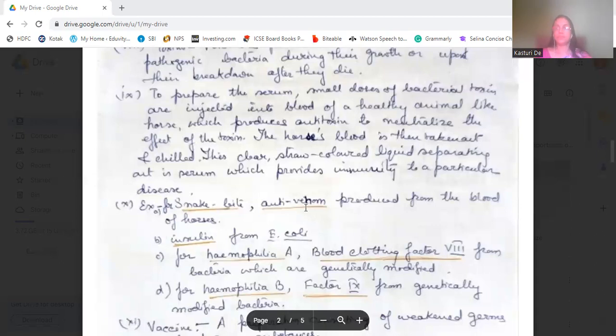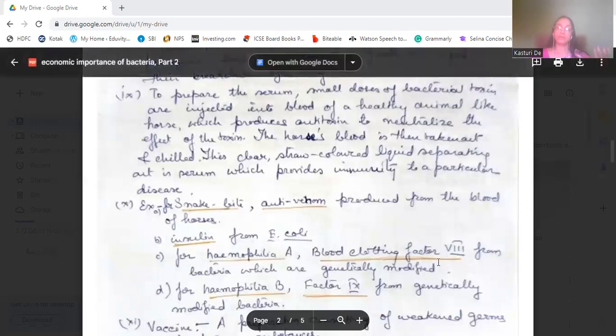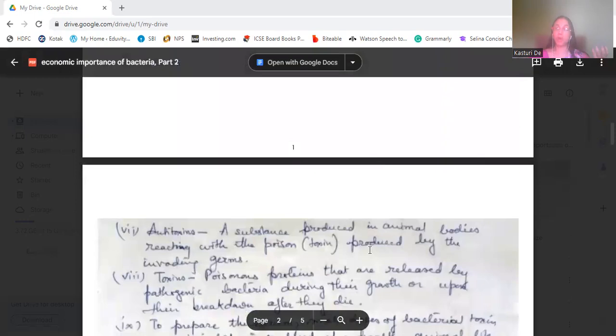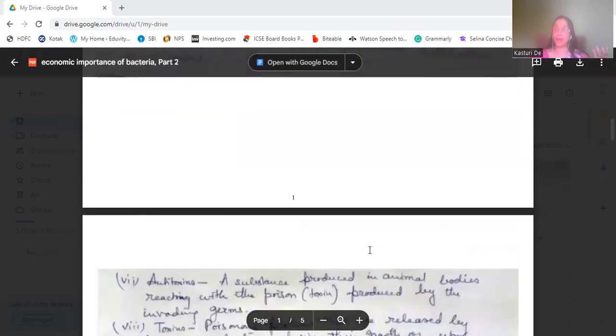So these are all serum examples. So I think you understood what is serum, antitoxins, toxins, and antibiotics.